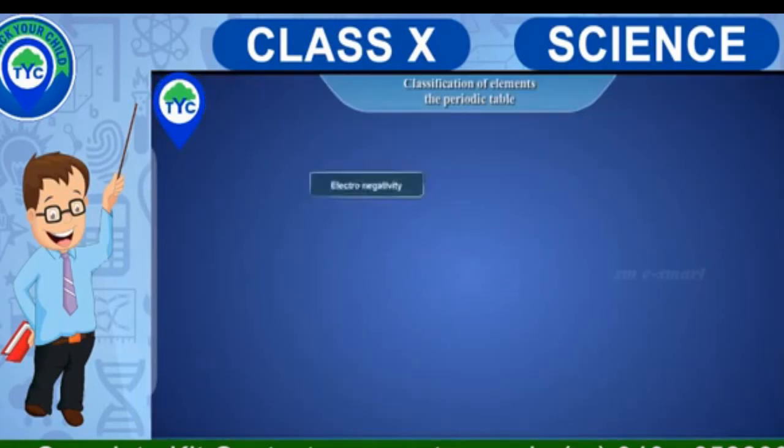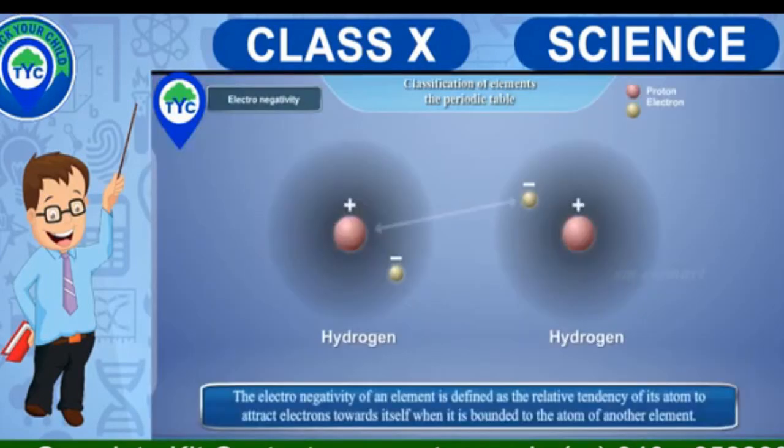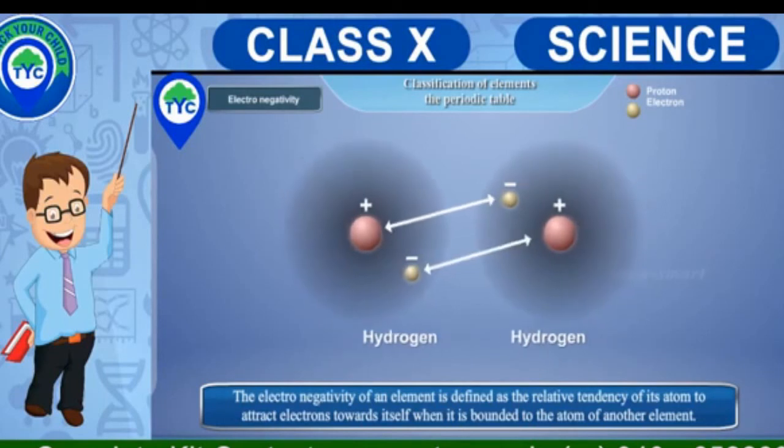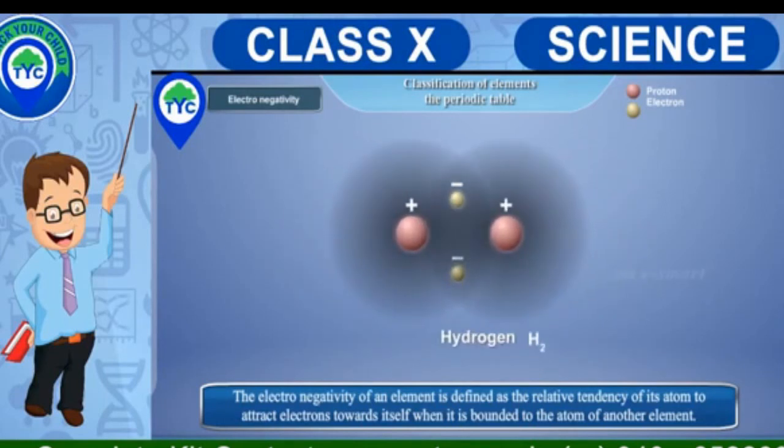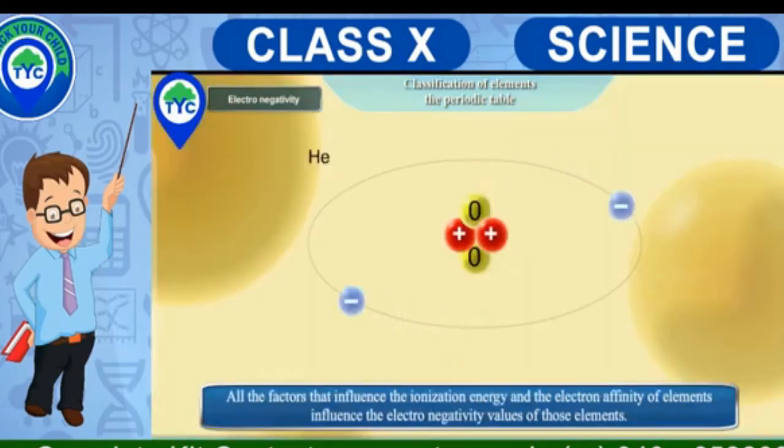Electronegativity. The electronegativity of an element is defined as the relative tendency of its atom to attract electrons towards itself when it is bonded to the atom of another element. All the factors that influence the ionization energy and the electron affinity of elements influence the electronegativity values of those elements.